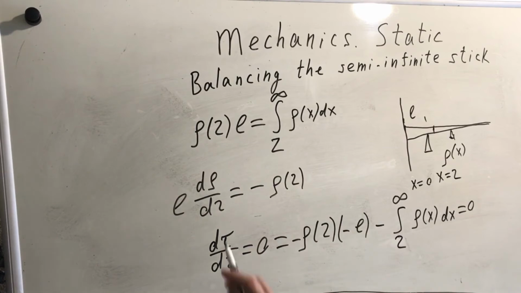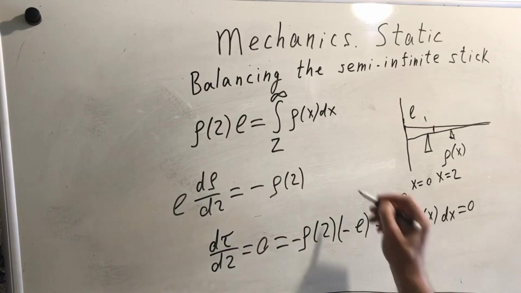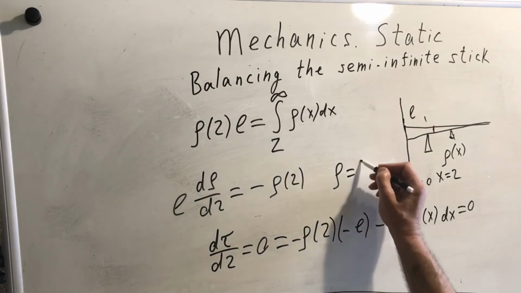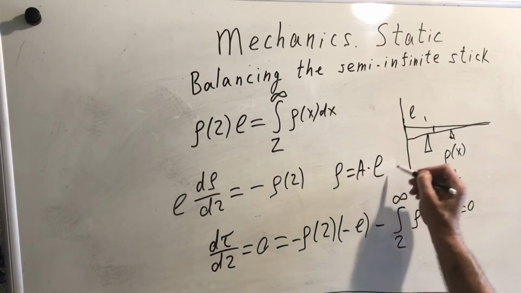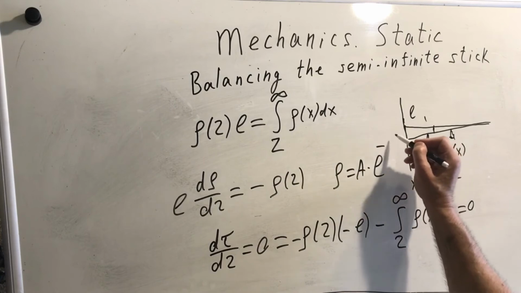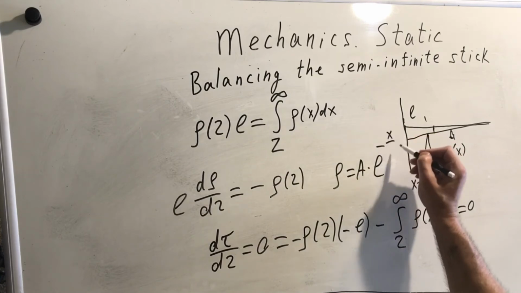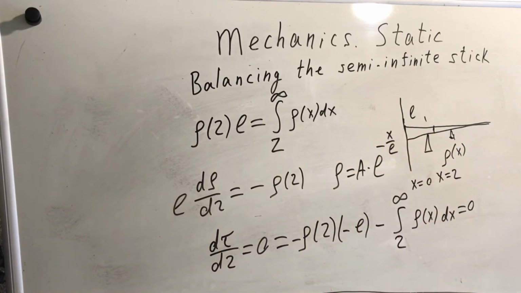And the solution for this equation is rho equals a constant multiplied by e to the power negative x over L. So that's the solution for our problem.